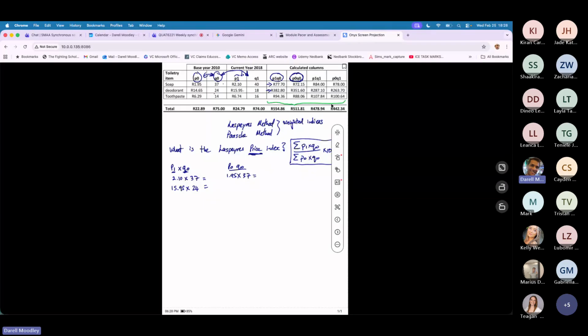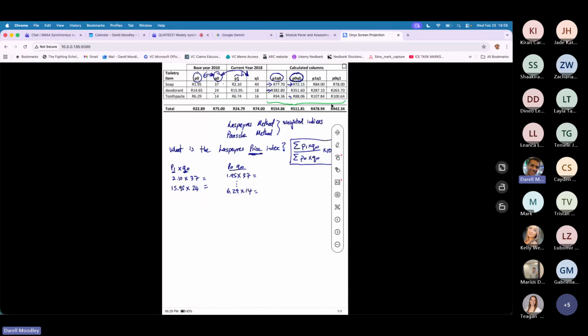You do that, and you'll get this value here, 72 Rand 95. And you just continue in that fashion all the way to the last row, which is 6 Rand 29 times 14, and that will give you the last value here. If you understand how I did it for those first two columns, you get the idea. That's how you do the remaining two columns.